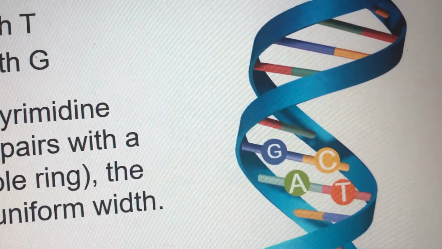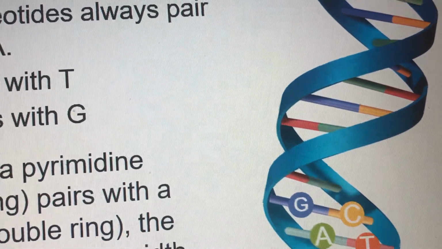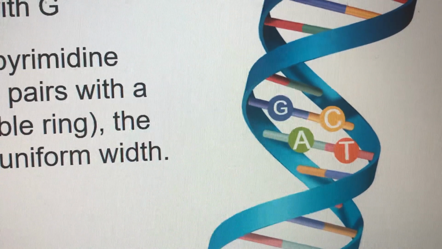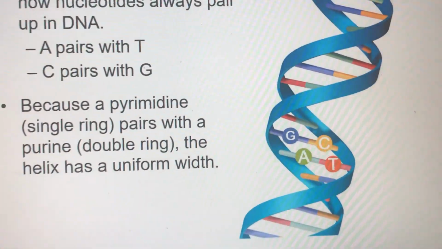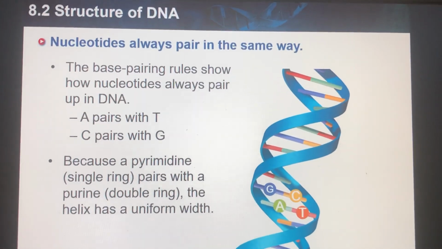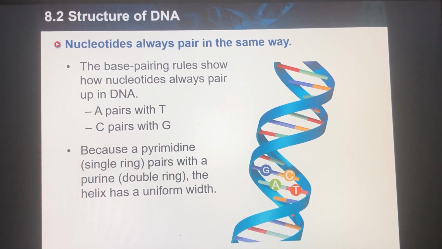A and T also, purine with pyrimidine. That's why the DNA has equal width. And this is the structure of the DNA.